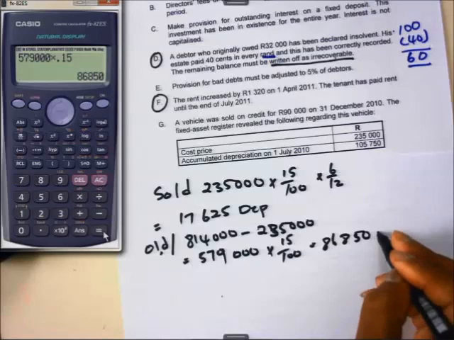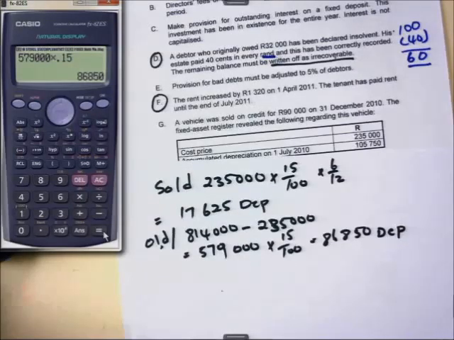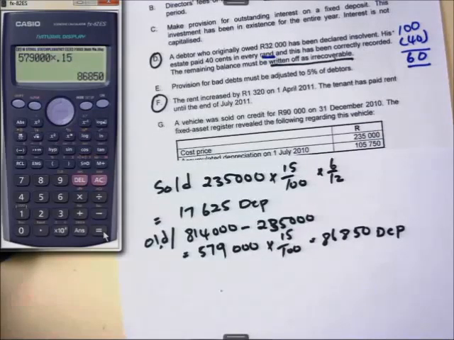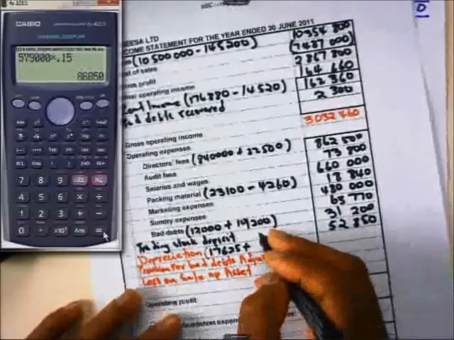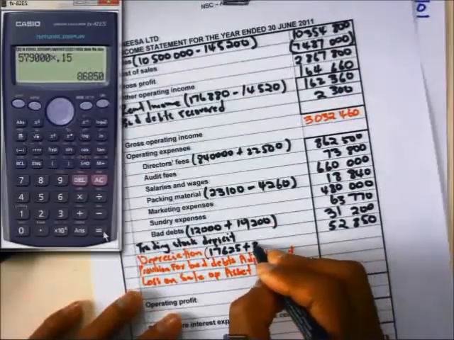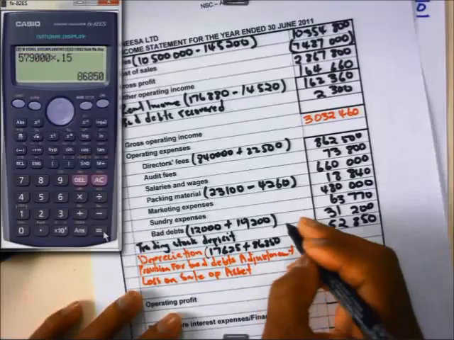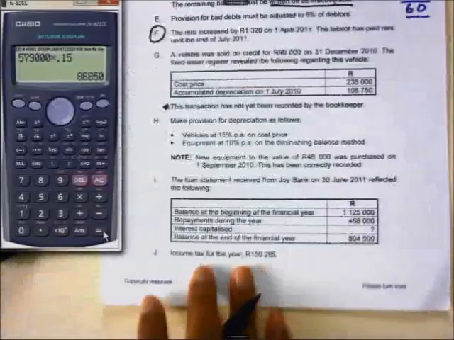So this is also depreciation on the remaining vehicles. We are done with the vehicles, so we'll record 86,850 as part of our calculation there.